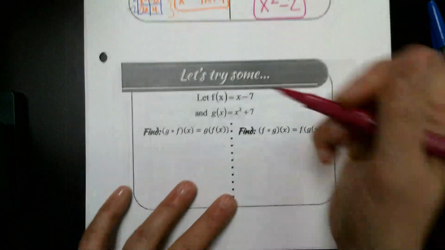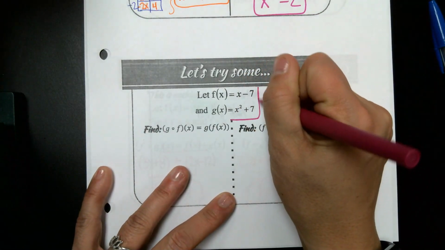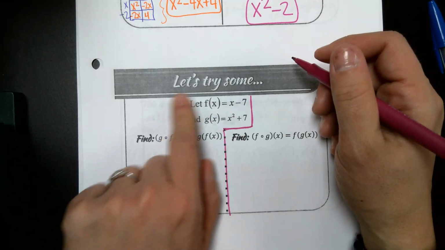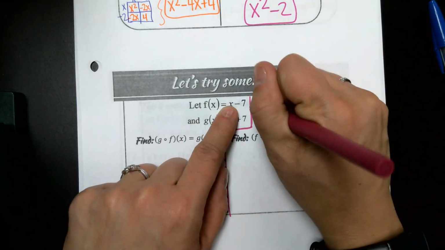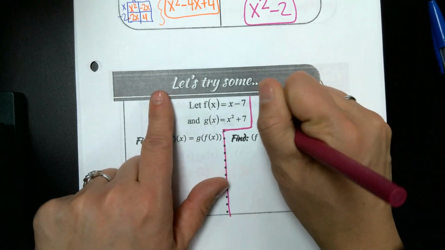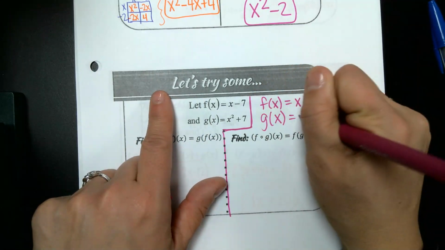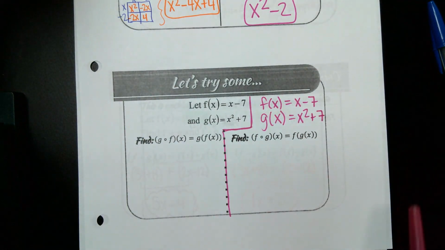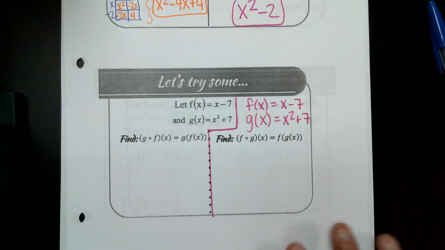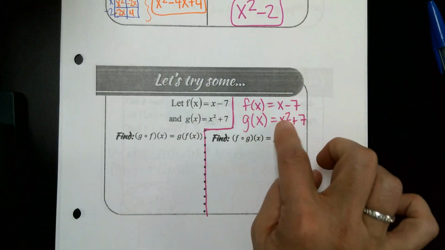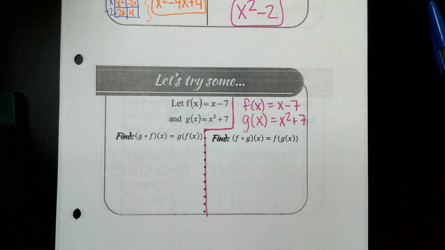Do me a favor before we even start working on the one on the left. Take these two functions right here, copy them back down over here. I'm going to use these two on this side, and I'll use these two on this side.